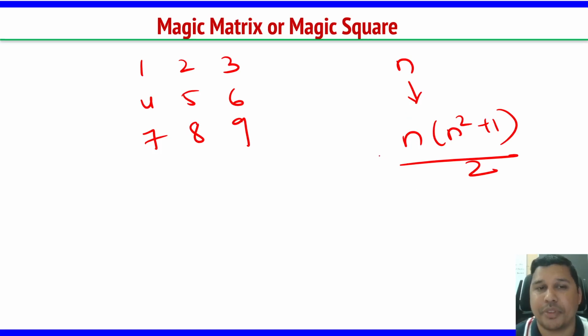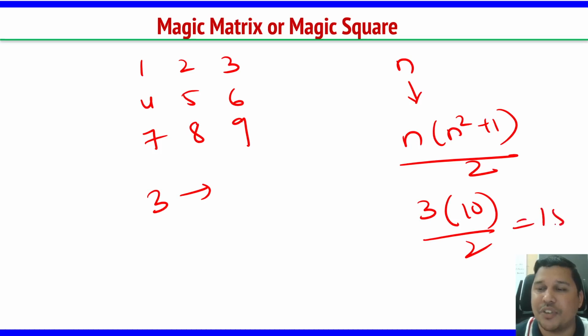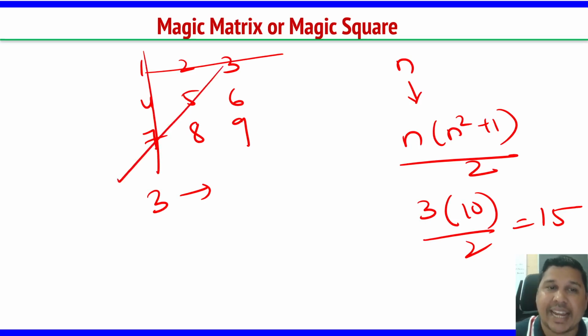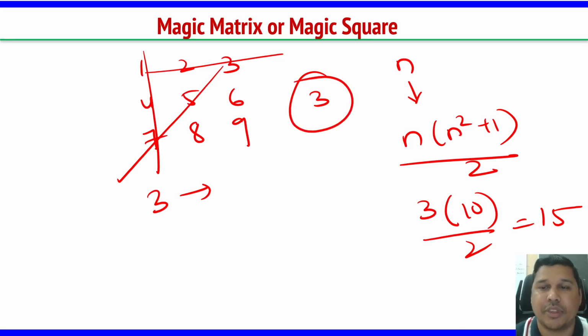This is the sum. That's why when you give a 3 by 3 matrix, 3 into 10 by 2, we got 15. The sum of each row, each column and diagonal was 15 for the magic matrix of dimension 3.